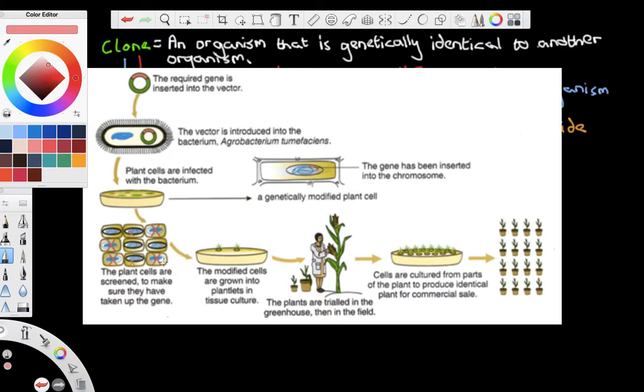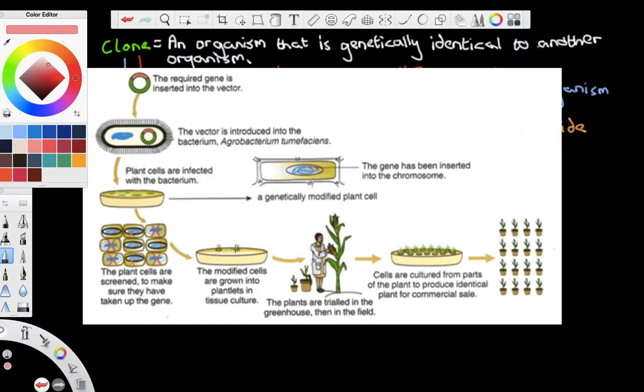Over time, the plant cells that have been infected with the genetically modified bacteria are screened. We want to make sure which one has taken in the gene that we want. Okay? The modified cells that have taken in the gene are then grown into plantlets in what's known as a tissue culture.